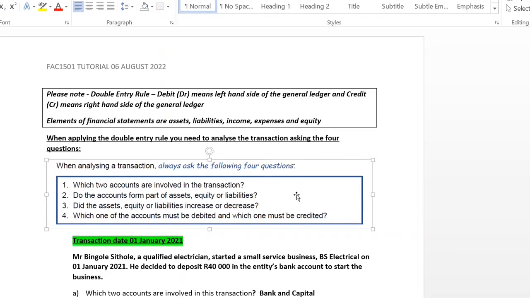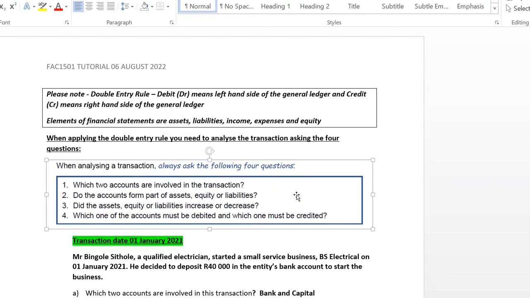So in the equity account, as a business, you'll be able to see whether the company is making a profit or a loss. If your equity is increasing, meaning the company is making a profit. If the equity is decreasing, meaning the company is making a loss. So your income and your expenses will affect your equity account.